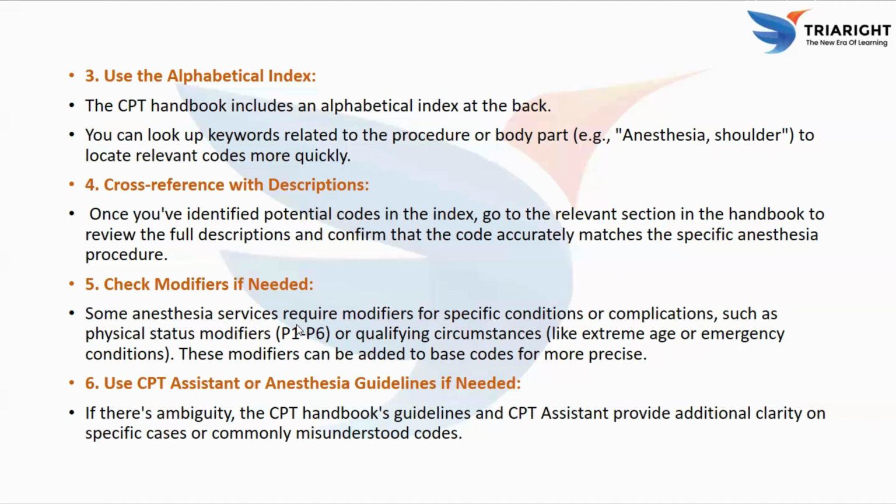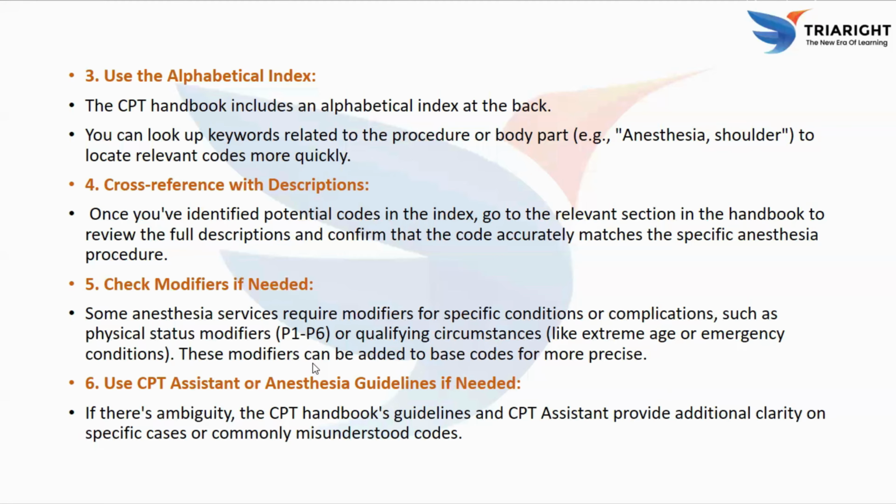P1 is a healthy patient, P2 is mild systemic disease, P3 is a patient having severe systemic disease, P4 is severe disease with constant threat to life, whereas P5 is a moribund patient and P6 is for a brain dead patient, serving as an organ donor. All these common anesthesia modifiers we have seen in the last session. And also qualifying circumstances, which are used for emergency surgery, extreme age and complex or high risk conditions.